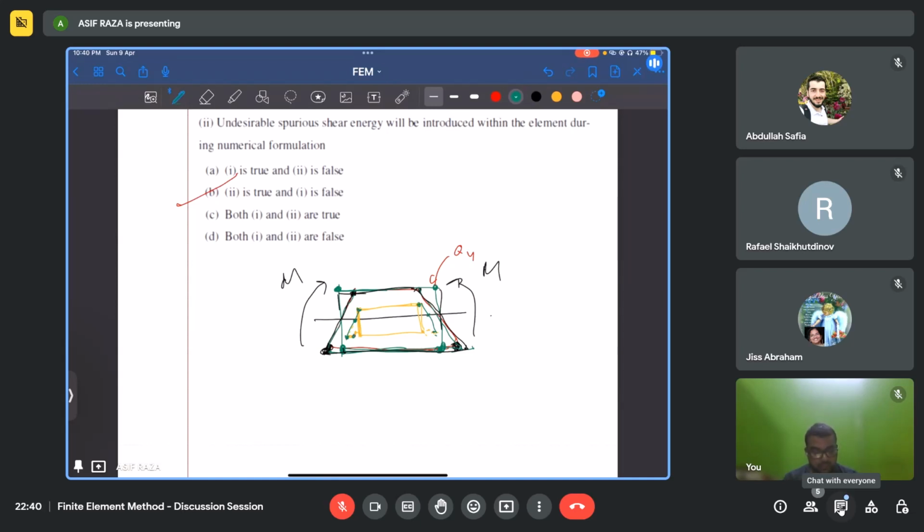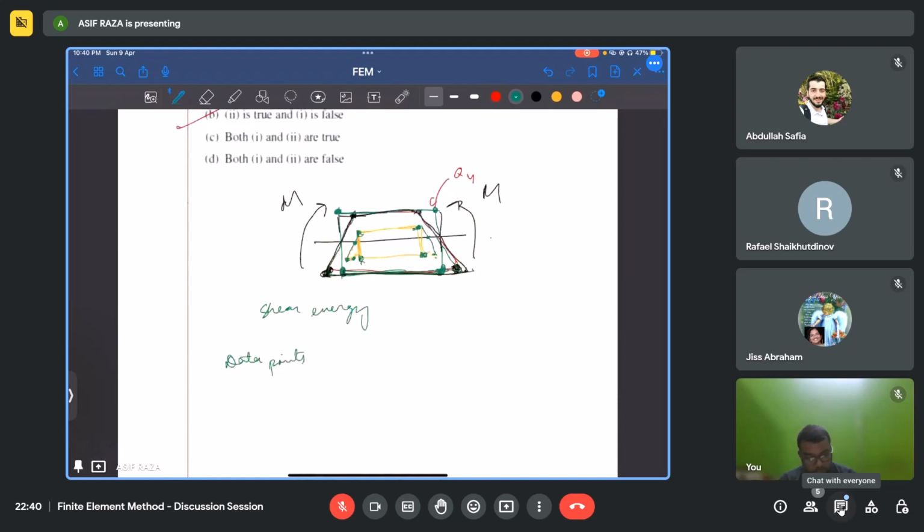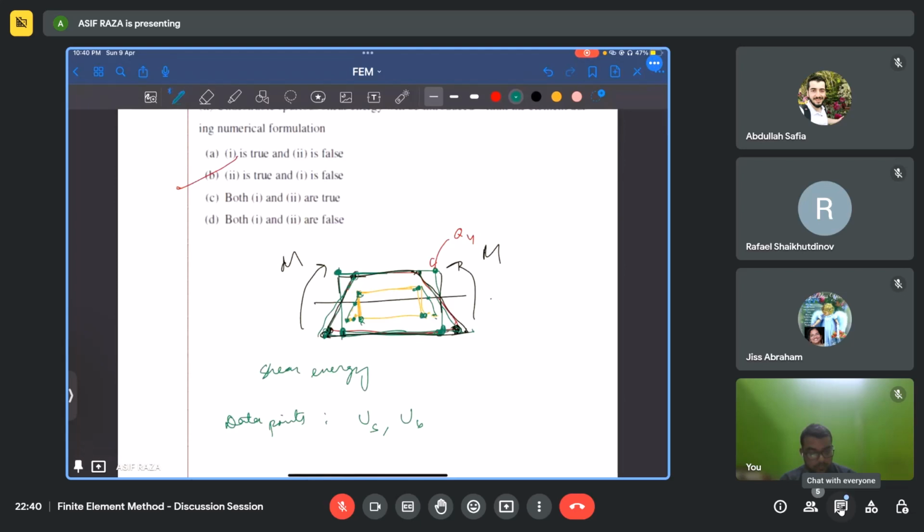We are calculating shear, strain, energy at each data point, and it should cancel out. It would be equal to zero, and only bending energy should be there because it's a pure bending case.